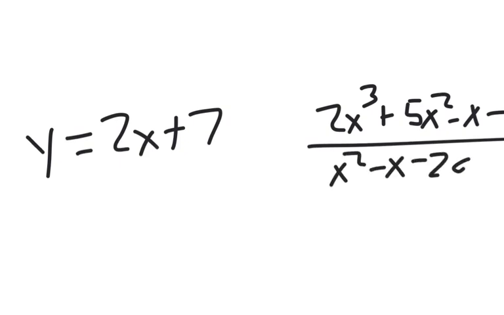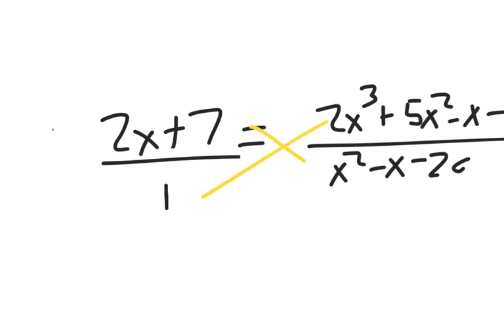This may not have been a good idea. So if I'm looking for where these two intersect, I want to set them equal to each other. So I'm going to erase this and say, I want to know, where does the graph intersect this oblique asymptote? I can put it over 1. No, can't. This is not going to be pretty. Cross multiply. This is probably one you can't do algebraically.